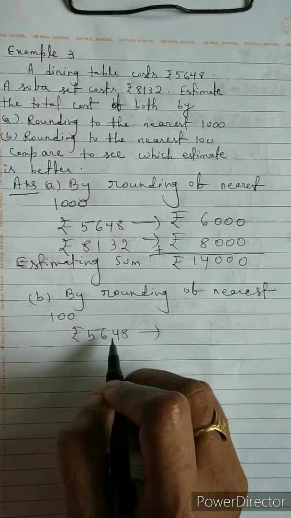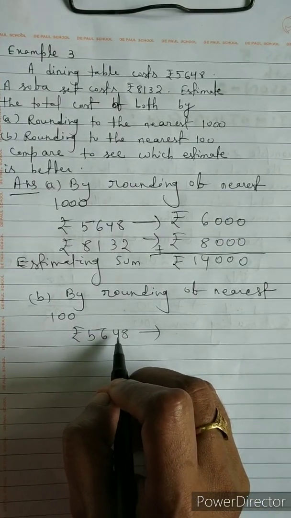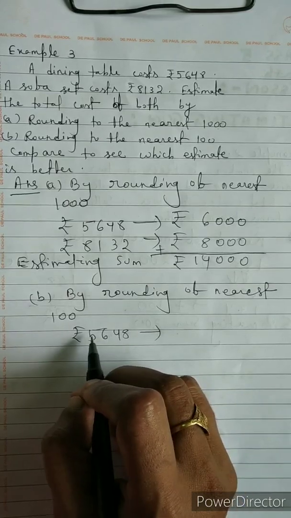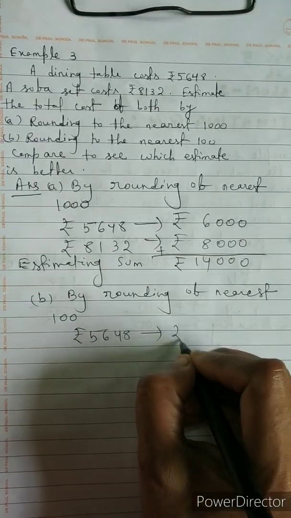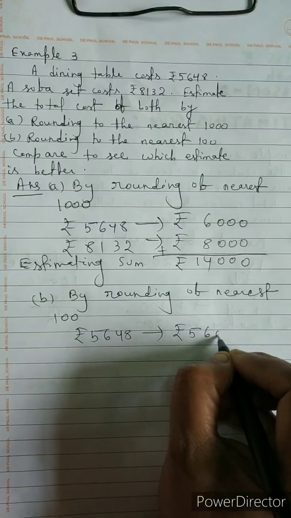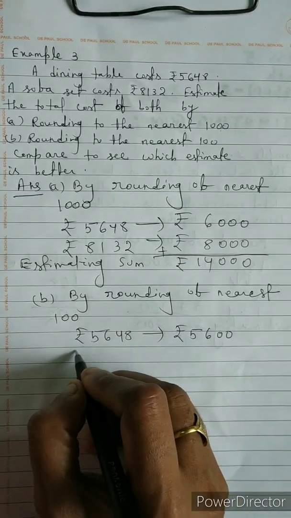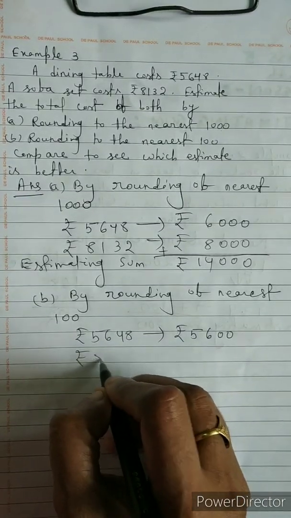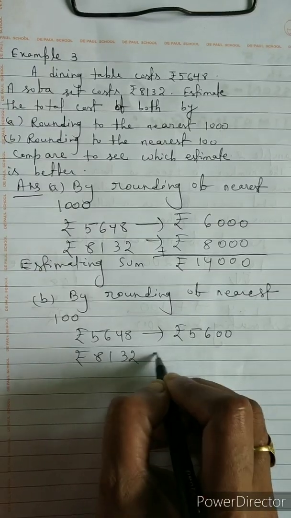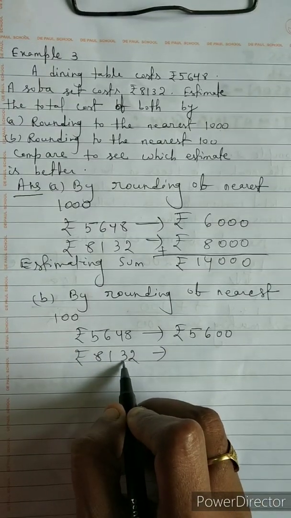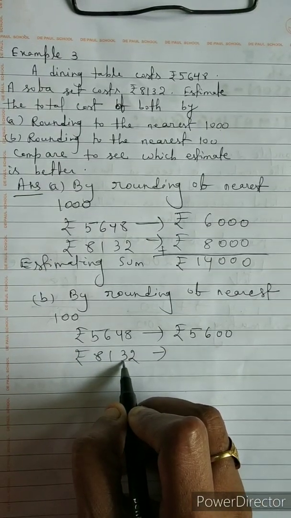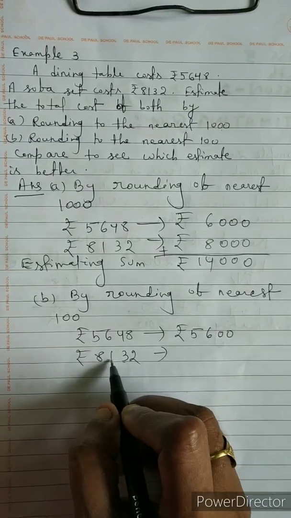Rounding to the nearest 100 means you compare with 4. 4 is less than 5, so it is 5600. Rupees 5600. Now rupees 8132. Now children, because it is 3, there is no change, so 8100.